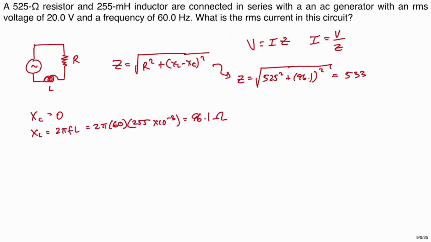Seriously, arguing with your calculator will be the hardest part. All right? Now that I know what my impedance is, I take my 20 volts, I divide it by 533.7, and that gets me 0.0375 amps, or 37.5 milliamps.